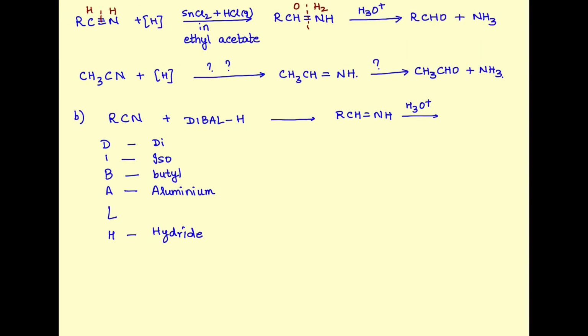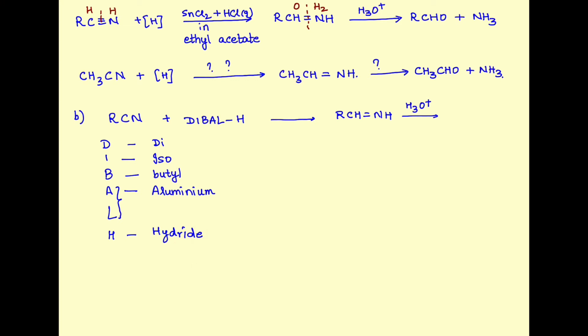We can also carry out this reduction in a very controlled manner by using DIBAL-H, that is D for di, I for iso, B for butyl, Al for aluminium, H for hydride, that is diisobutyl aluminium hydride.